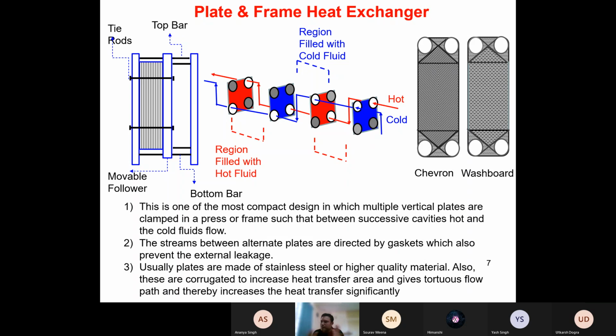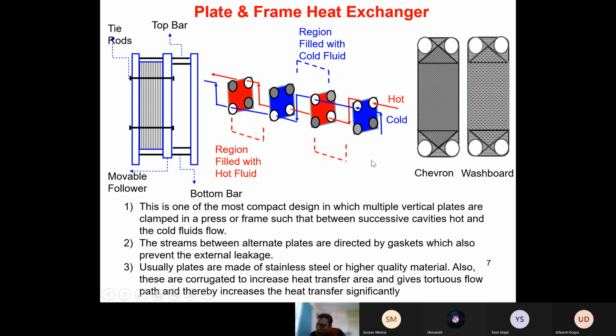Okay, so how does this particular heat exchanger work? Here you can see that there are different plates, and in the cavity between these two plates the hot fluid is present, whereas in the adjacent cavity a cold fluid is present, and this cold fluid and the hot fluid exchange heat across this particular plate, and this plate could be corrugated or have different fins, isn't it?